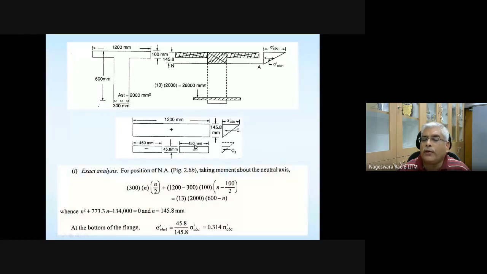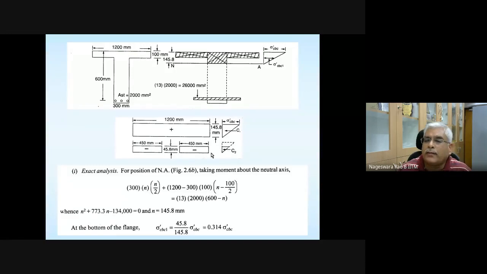C2 is 450 multiplied by 45.8 multiplied by half multiplied by 0.314 sigma CBC prime. Please note that the minus sign is there because we need to subtract these two. So total compression is whatever compression you got from this area, from that you subtract these two compression areas, then you get the total compression. Is it clear?